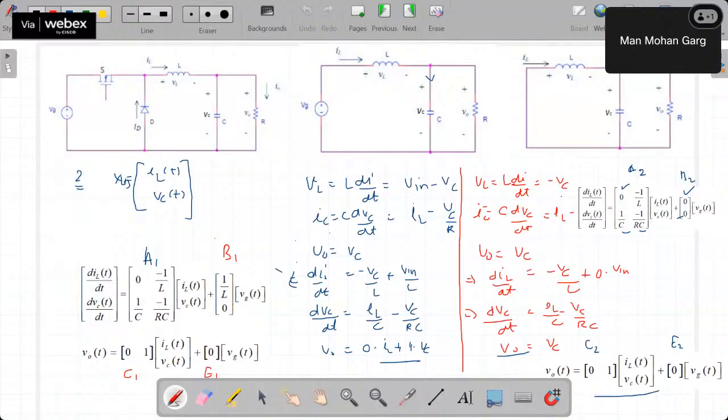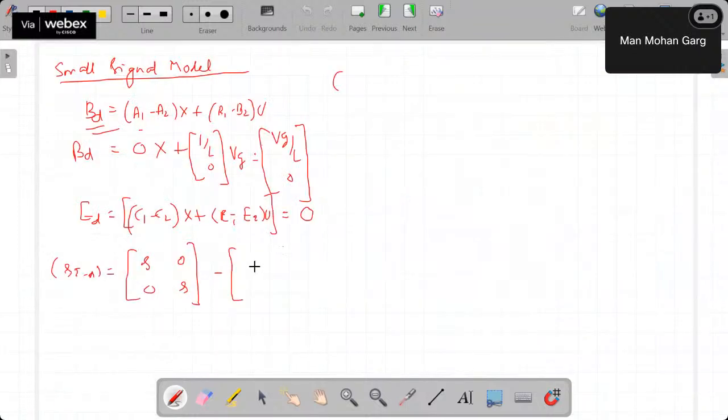So let us put it here: [0, -1/L; 1/C, -1/RC], right? So this comes out to be [s, 1/L; -1/C, s + 1/RC].